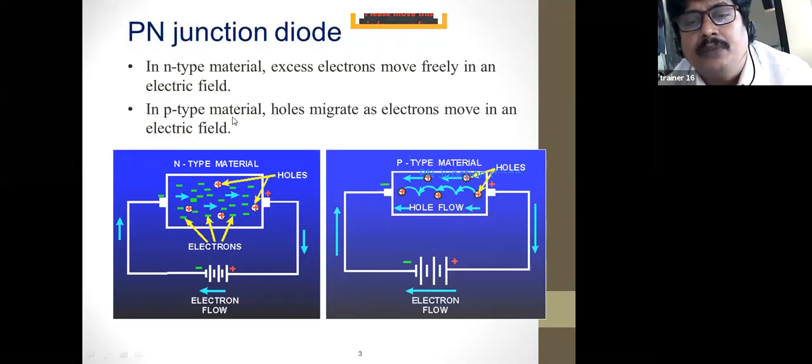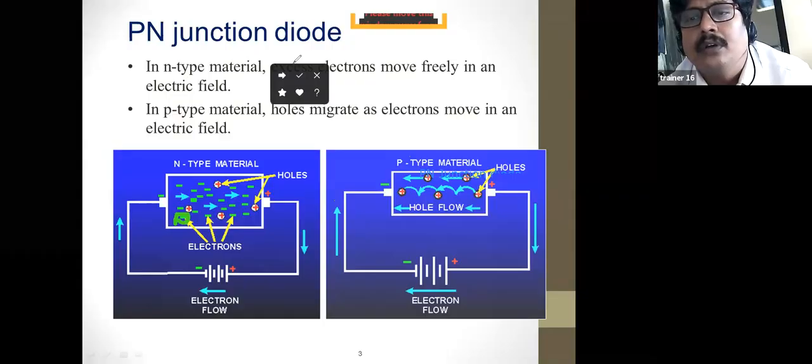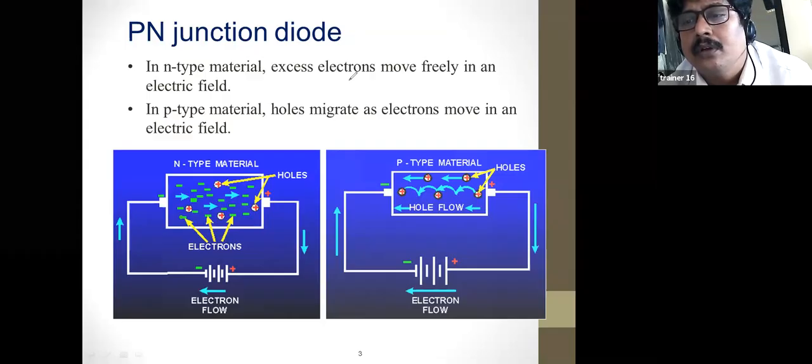So, see, for example, if you see this N type material, this is a P type material. See, these are the electrons, right? Here, if you see, these are the electrons, the minus of the electrons.